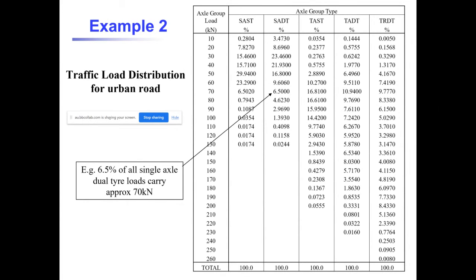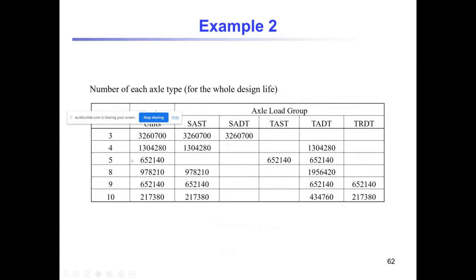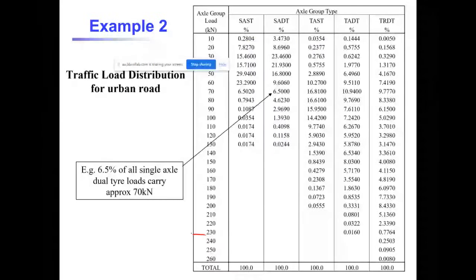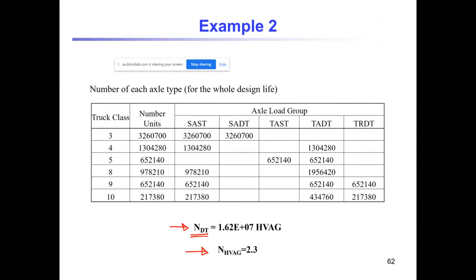But before that, I should also tell you how we can determine NDT, the traffic parameter, and the number of the axle group per heavy vehicle. So NDT is the number of the axle groups, right? So simply, you can get the summation of these values that we derived in the table. The summation of these will give us the number of the axle groups passing through the road during its design life.